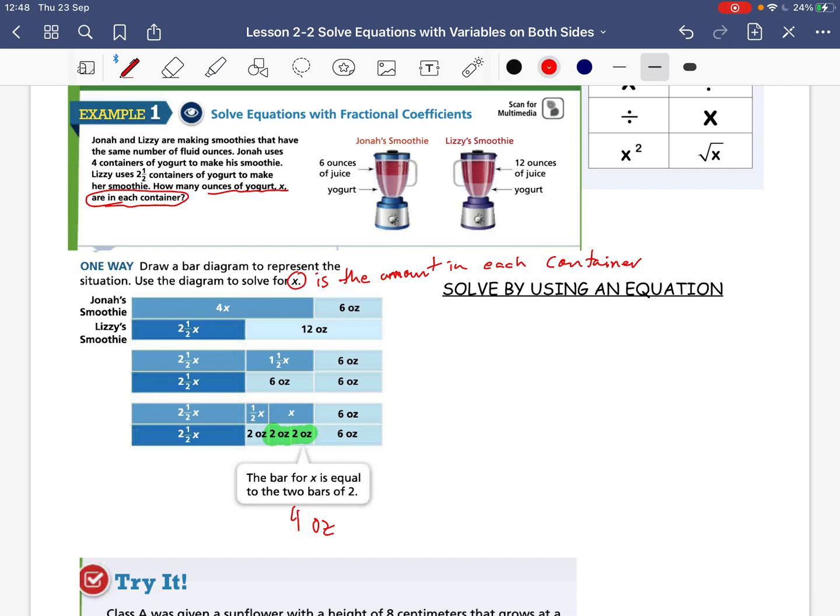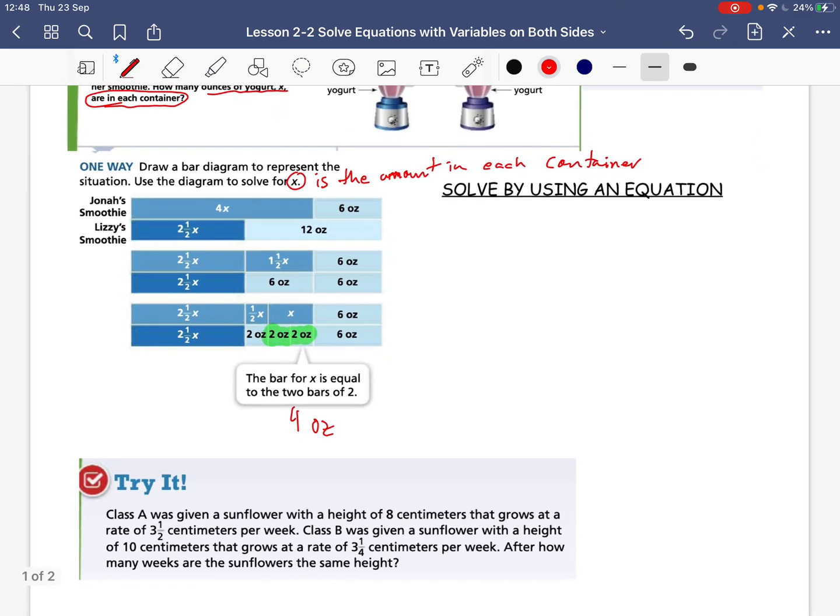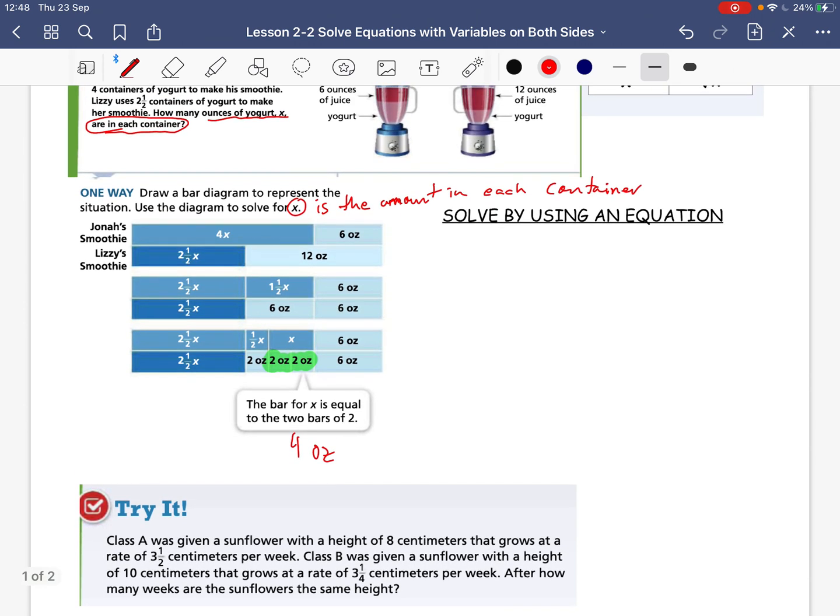Okay, so that is one way to visualize it, but really we're wanting to go away from that. We're wanting to be able to set this up as an equation. So we don't know how much is in each container, but we do know that 4x plus 6 ounces has to equal 2.5x plus 12 ounces.